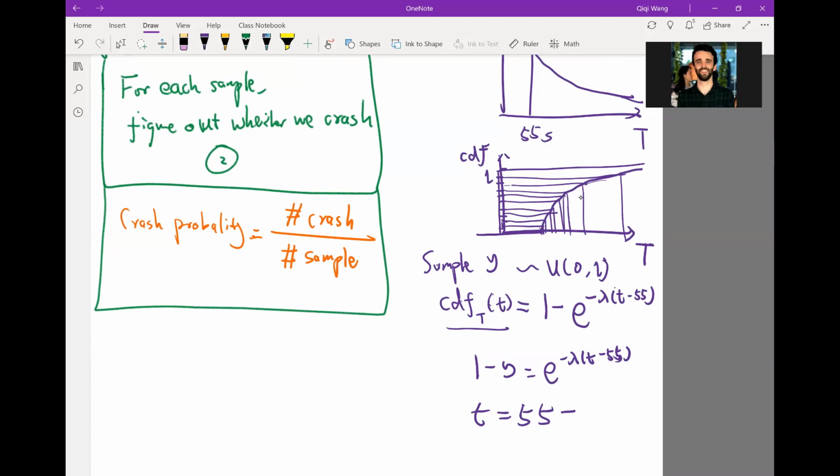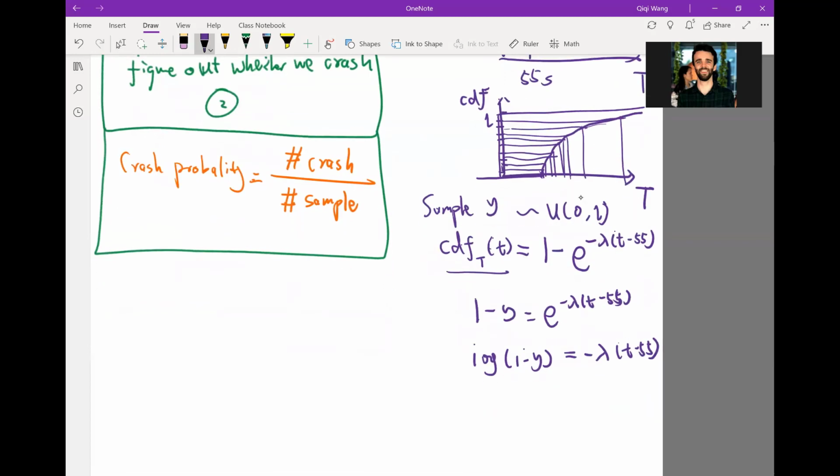Let me write it down more clearly. If we take the logarithm on both sides, log of 1 minus y is going to be minus lambda times (t minus 55). The log of 1 minus y divided by minus lambda is going to be t minus 55.